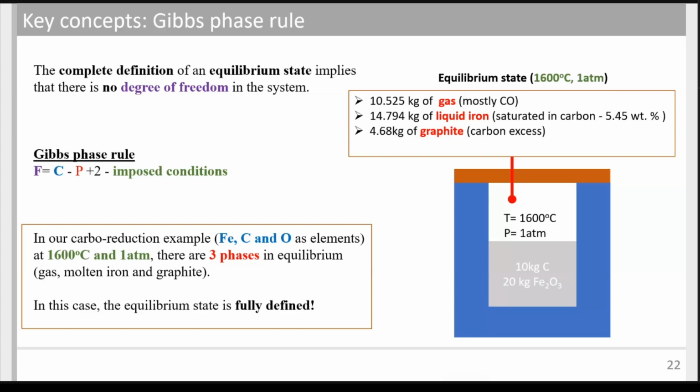This happens often when you have many components and few phases in equilibrium. FactSage will make some assumption to completely define the equilibrium state of the system. Sometimes you can see a result where the activity is equal to 1 and there's no amount. In some specific cases you will see that, and it is important because otherwise we would not be able to completely define the equilibrium state.